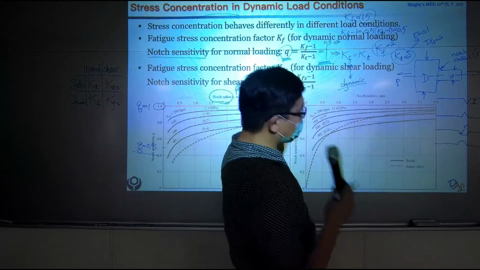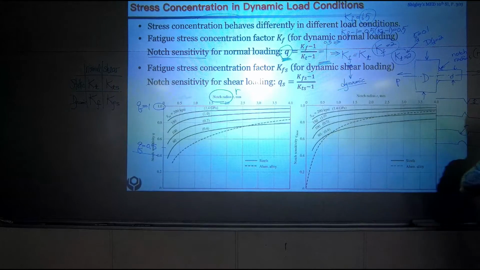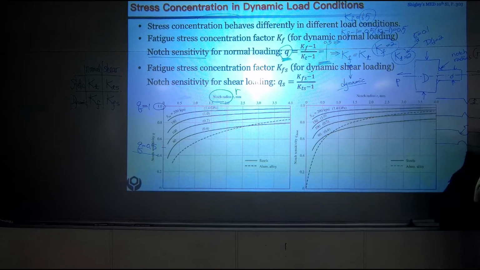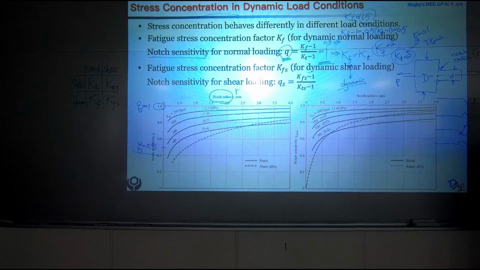So let me sum things up. For this case, D over small d equals 2, r over small d is 0.1, and in this case, if I choose a material that has Q equals 1, it ends up with Kf equals Kt, and they are both 2.